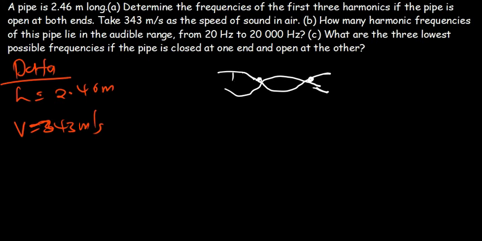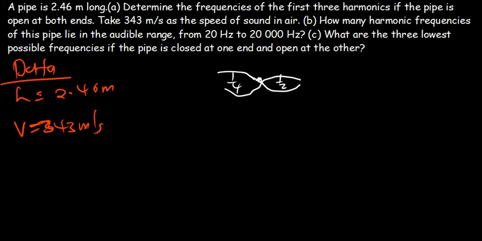Because this is 1 over 4, this is 1 over 2, and this is 1 over 4. Is it going to give us 3? If I add 1 over 2, that is not the 1, so we need to add another one.